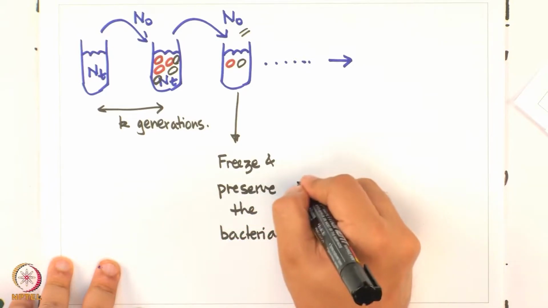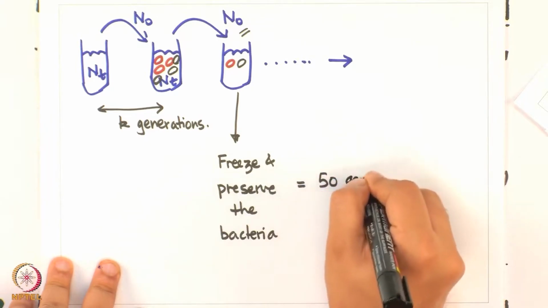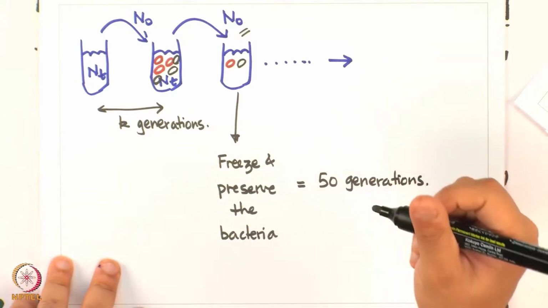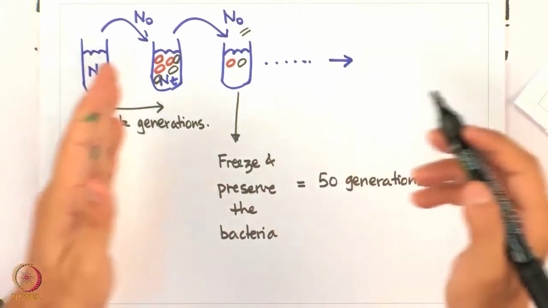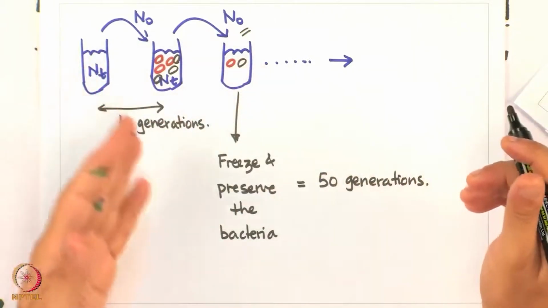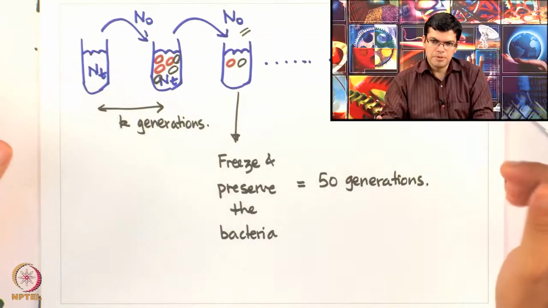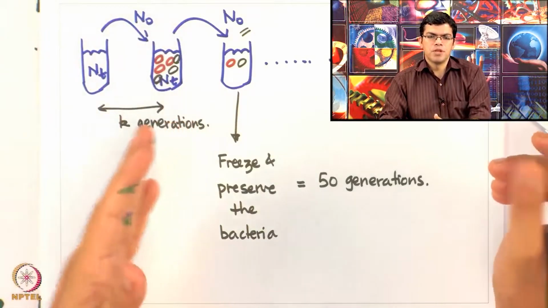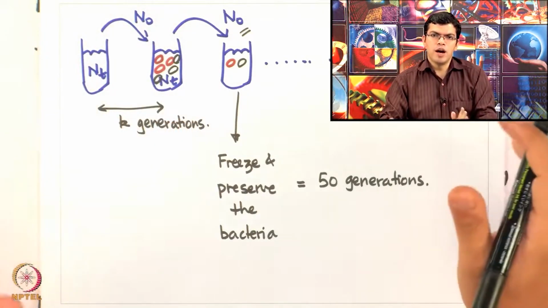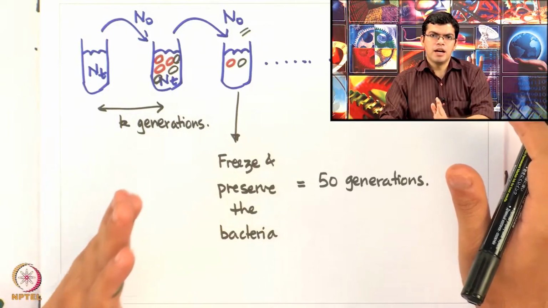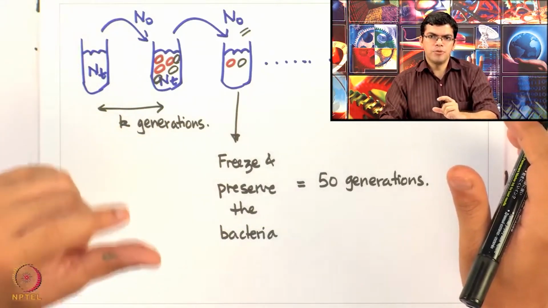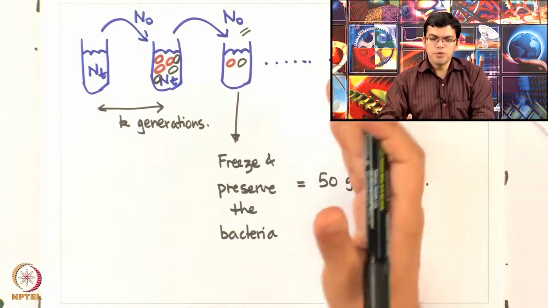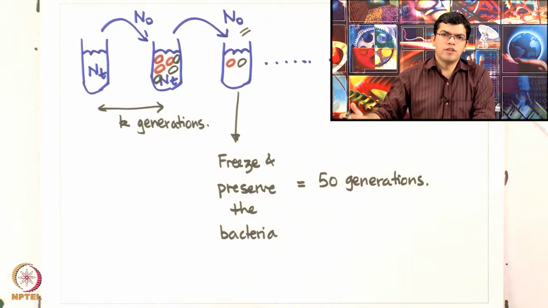So let's say you are doing this every 50 generations. What that means is that you are doing k generations every transfer, and let's say k is equal to 10, which is a very representative number, and let's say the transfer takes place every morning. So every 5th morning you have 50 generations that have happened, and after that you take a sample from your tube and freeze the bacteria in your deep freezer, and you keep doing that every 5th morning of the evolutionary experiment.